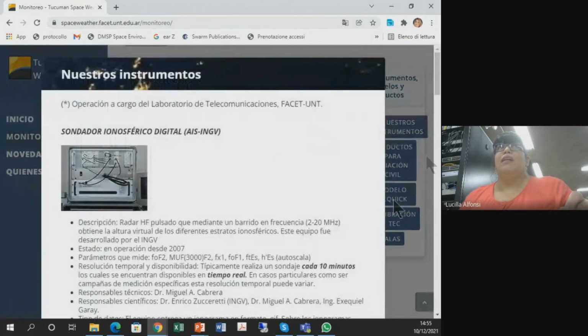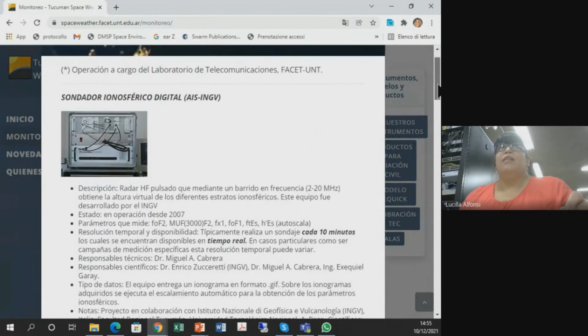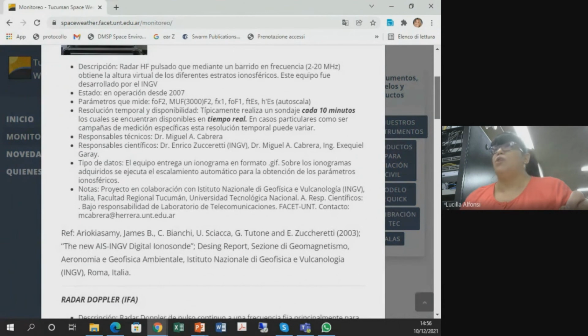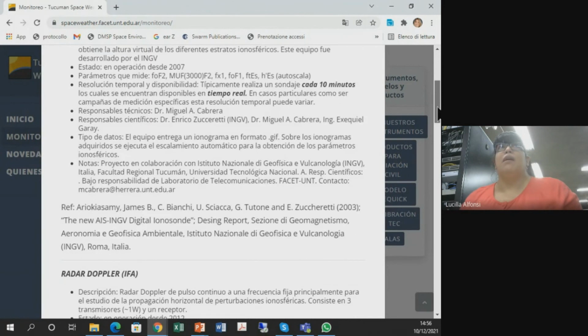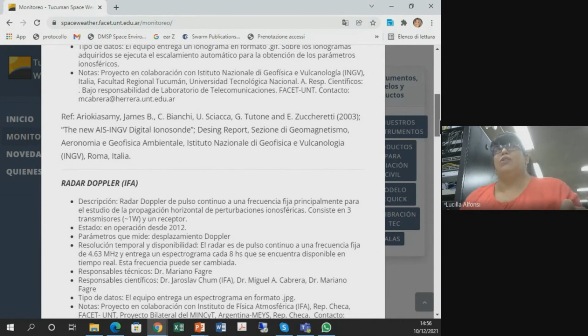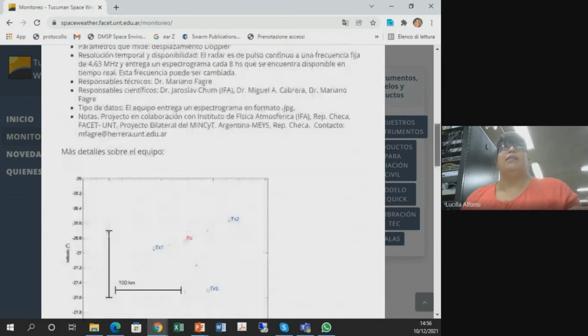So this is the INGV ionosonde that is already shown in the portal in Rome, but we have one here also, and we are managing this instrument. We are also managing a Doppler continuous radar, which is in collaboration with the Czech Republic in this case.